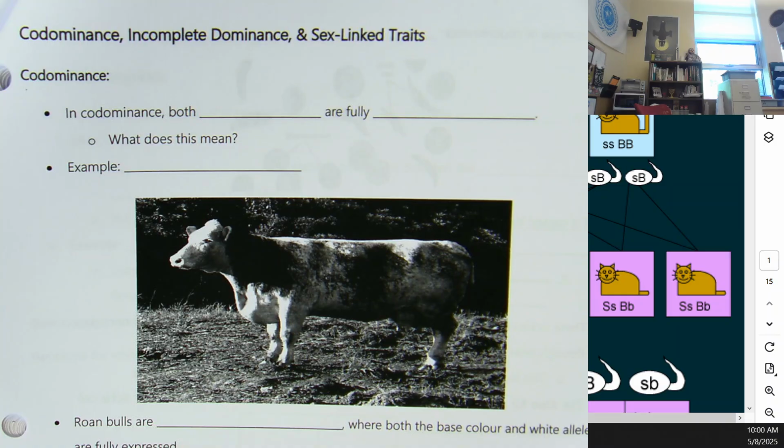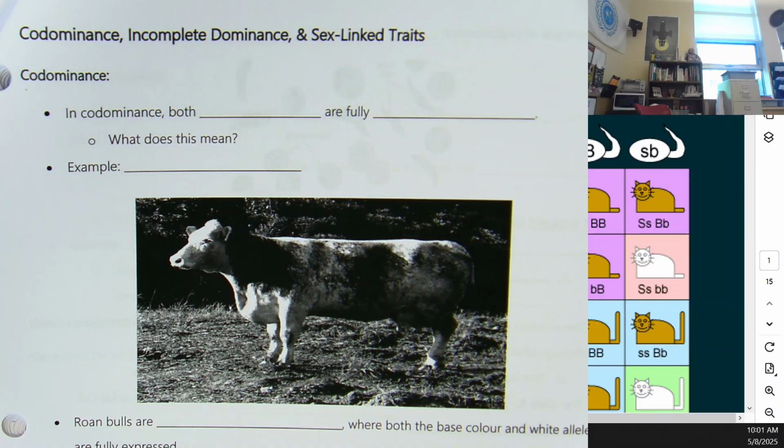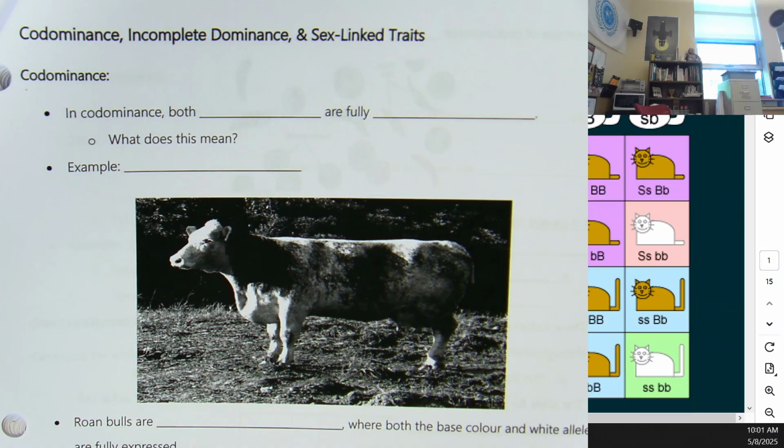So this, again, being just the title page, is just an example of what could theoretically happen. So you could have the big S combo, or you could have a combo like this. The only way a combo like this shows up is if each parent is heterozygous, like it was on the next page. So for this to happen, the female cat would have to be big S, little s, and big B, little b here.